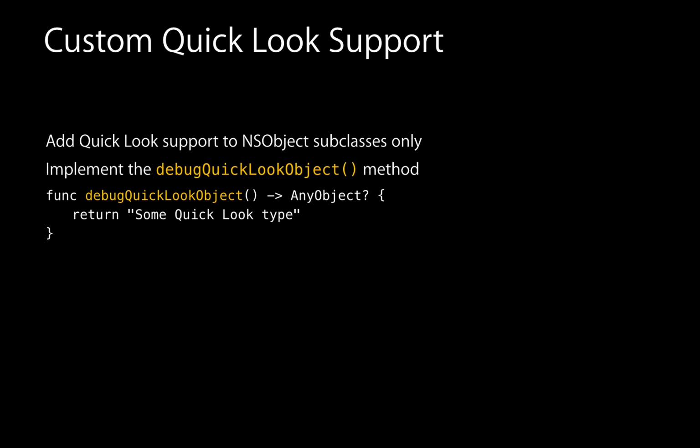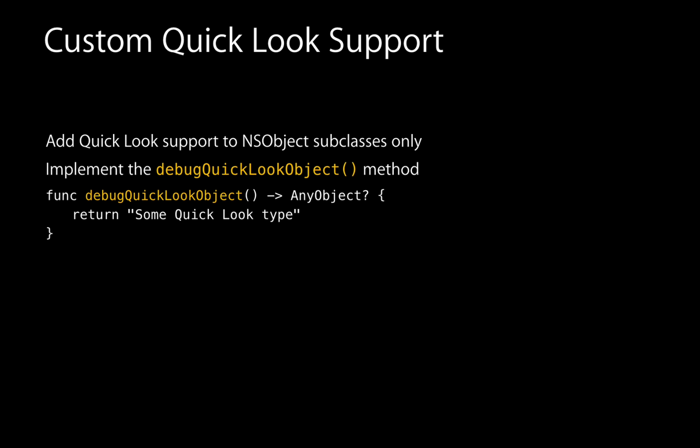In order to visualize my own custom class, we're going to implement custom quick look support for this class. Our custom quick look support allows you to add quick looks for subclasses of NSObject only right now. And to do it, you implement the debugQuickLookObject method, which takes no parameters and returns AnyObject as an optional.